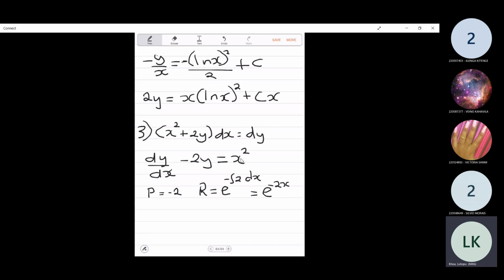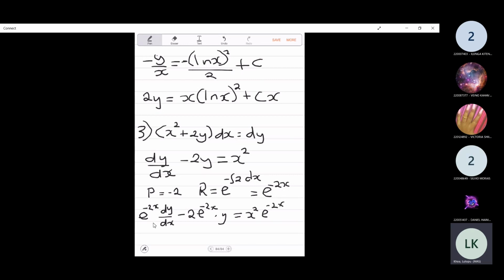So we have e to the power of minus 2x dy dx minus 2e to the power of minus 2x times y, and this is equal to x squared, e to the power of minus 2x.